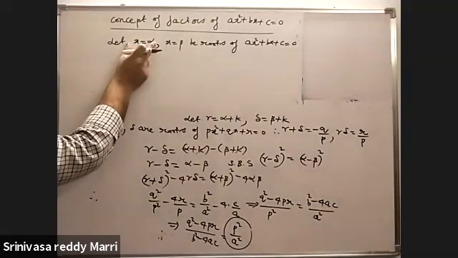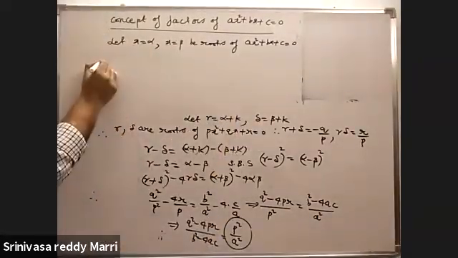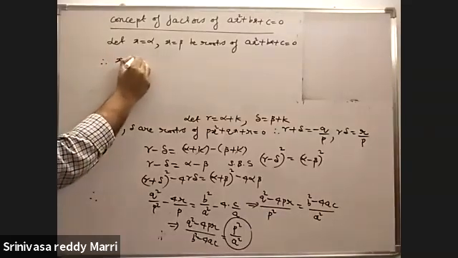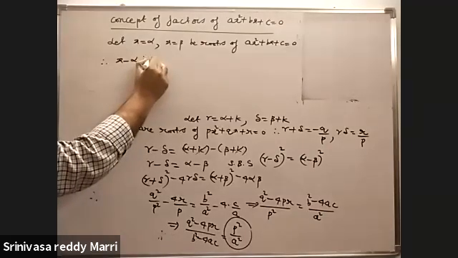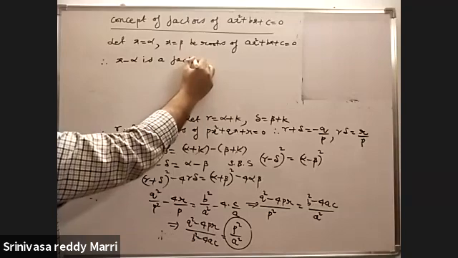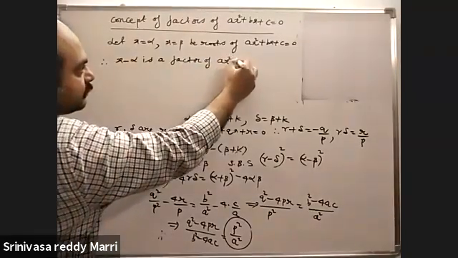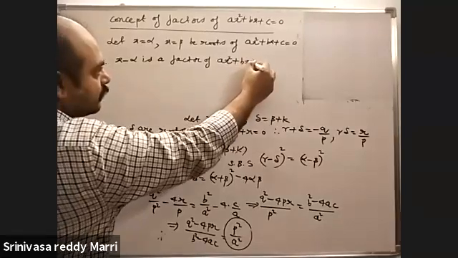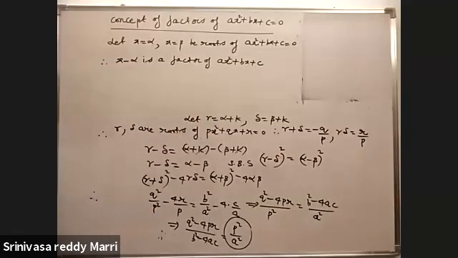If x equal to alpha is a root, it means x minus alpha is a factor of this expression, because if you substitute x equal to alpha, this will become 0.